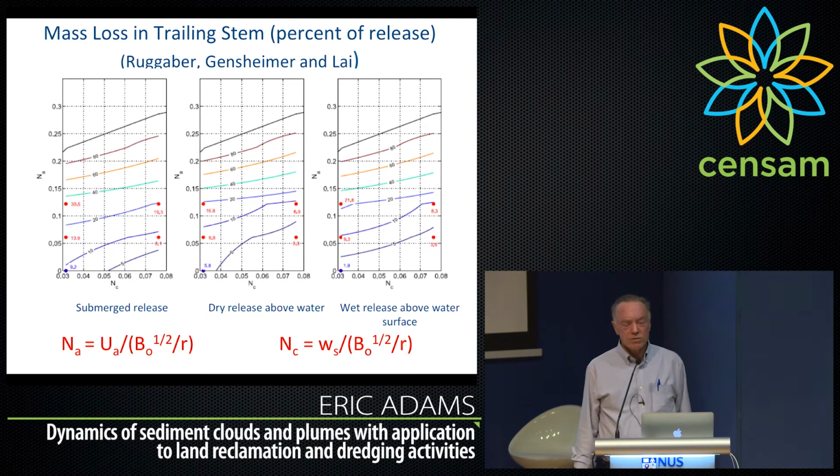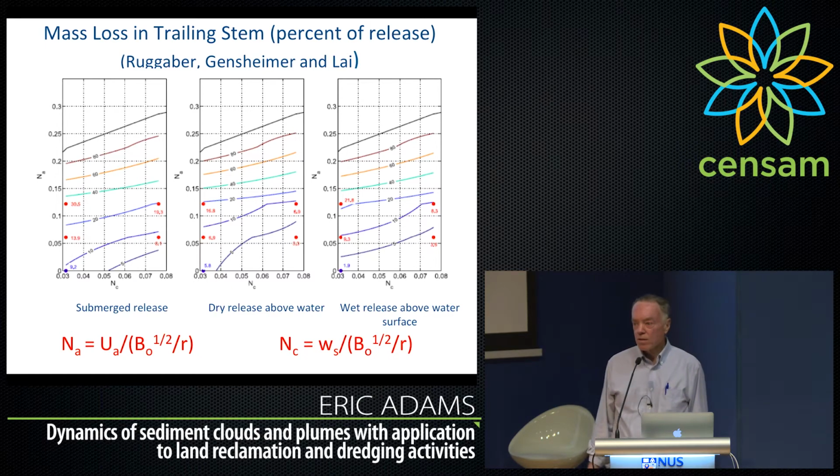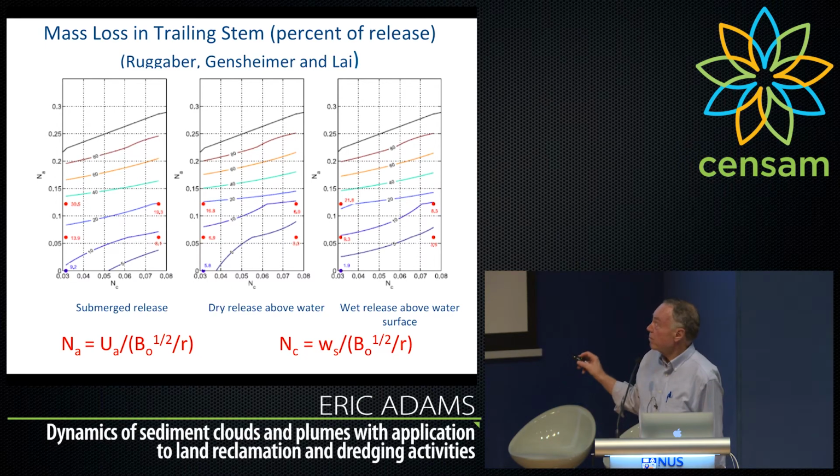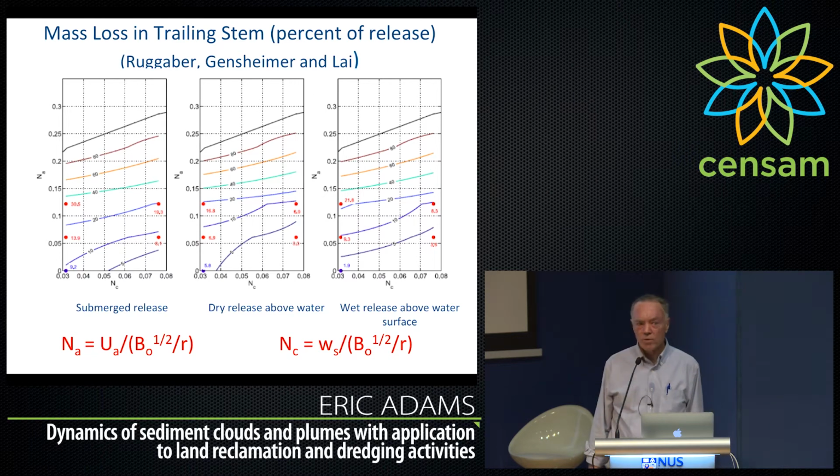So one of the big issues is how much sediment does not make it into the plume. It's hung up in the so-called trailing stem. There was some research done by a previous student, Gordon Rugaber, who was from our group but was not part of this project, and then Jim Gensheimer, who was part of this project.